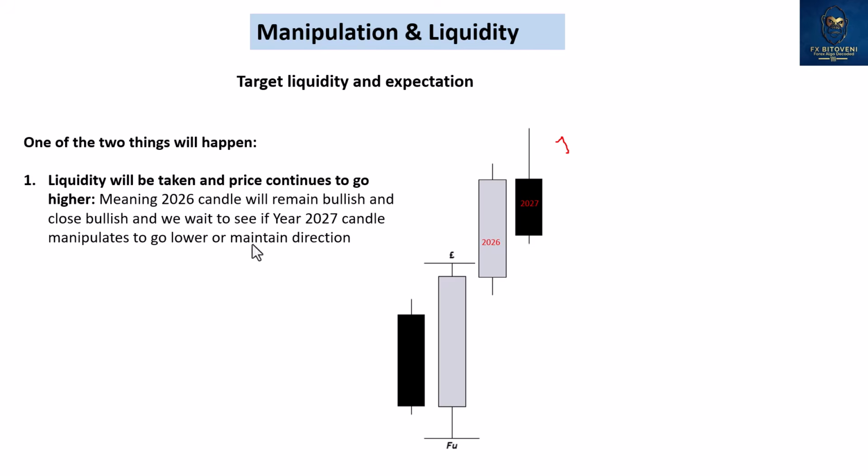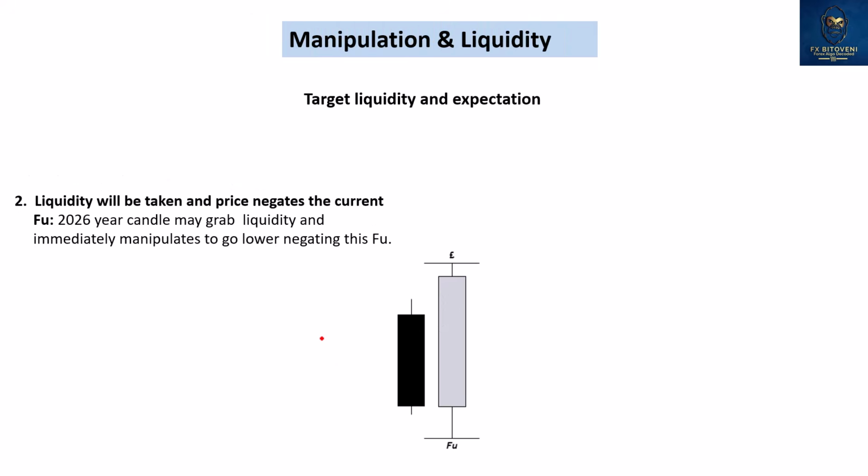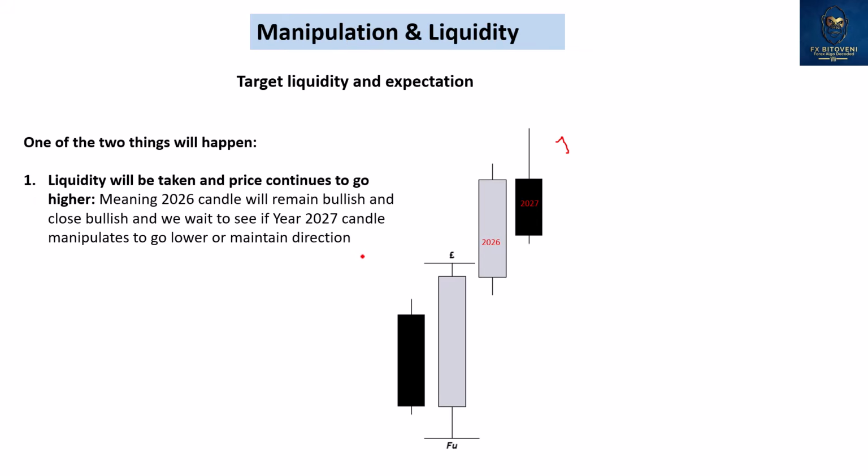This may happen. Option number two, liquidity will be taken and the price negates the current FU. This means the 2026 year candle may grab liquidity and immediately manipulate to go lower, negating this FU. So I simply mean this.